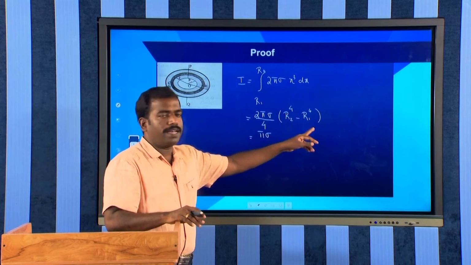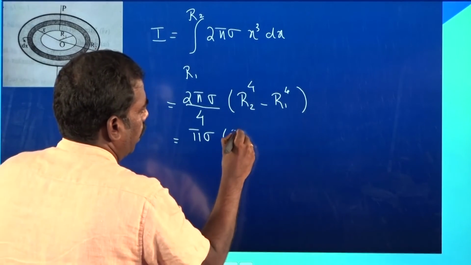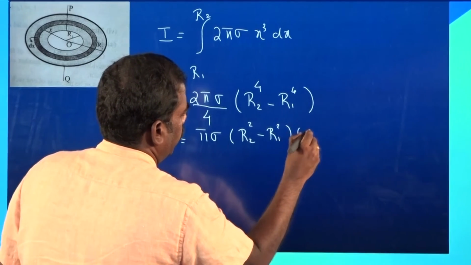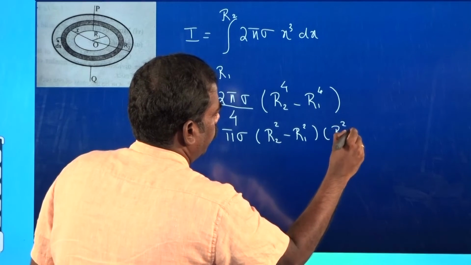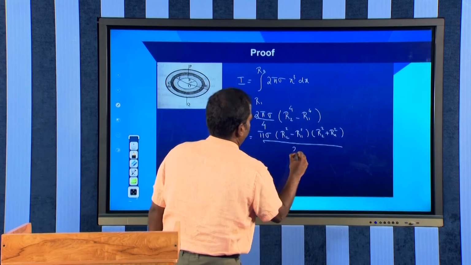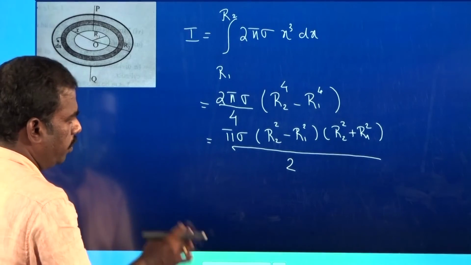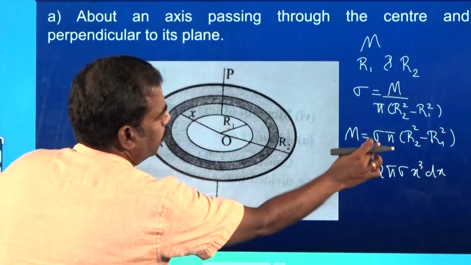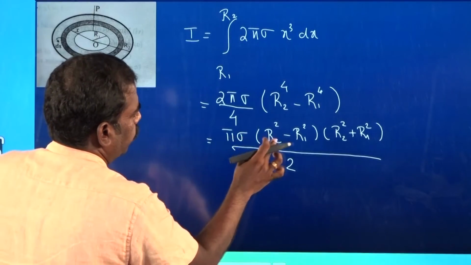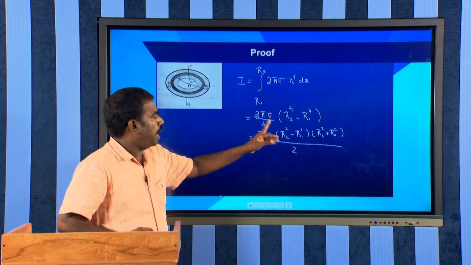It is a square minus b square, which is a plus b into a minus b. So, it is R2 square minus R1 square into R2 square plus R1 square by 2. And the mass is nothing but sigma pi into R2 square minus R1 square, which is the total mass of the annular disk.